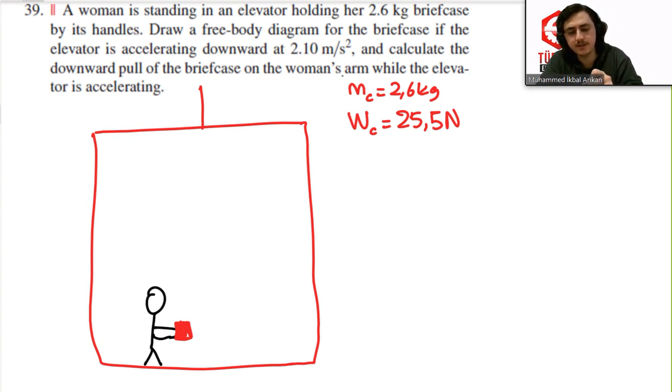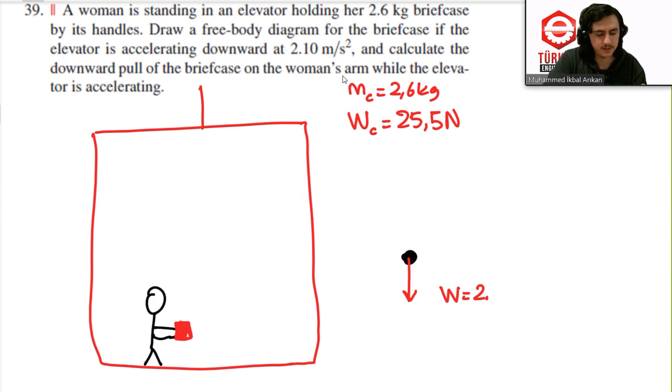So let's see the free body diagram for the suitcase, or briefcase. It's just a briefcase. So I have the weight of the briefcase here, which is just 25.5 newtons, and I have a force which is coming from the woman's arm, the force which is exerted by the woman.